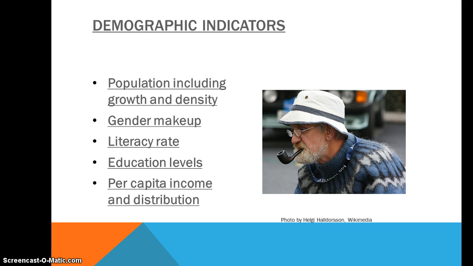Moving forward, as I said, we'll look at demographic indicators and macroeconomic indicators in section 1, and then in the next video, we'll take a look at government policies because I have a lot to say on that topic.